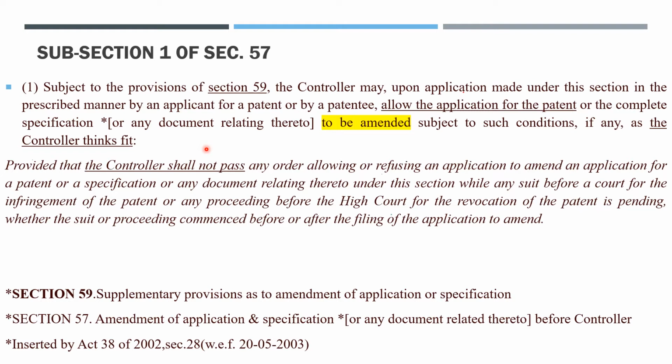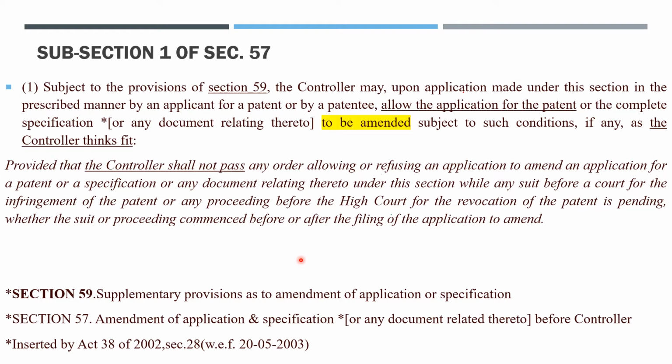Provided, that means there is a condition. Provided that the controller shall not pass any order allowing or refusing an application to amend an application for a patent or a specification or any document relating thereto under this section, that means section 57, while any suit before a court for the infringement of the patent or any proceeding before the High Court for the revocation of the patent is pending, whether the suit or proceeding commenced before or after the filing of the application to amend.